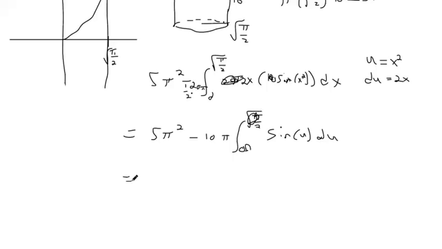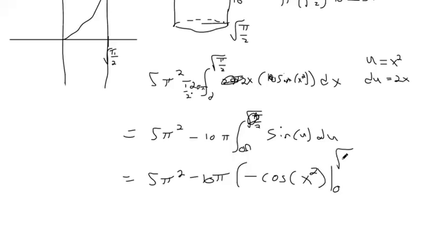We'll put those back in at the end. The antiderivative of sine is negative cosine because the derivative of cosine is negative sine. So negative would make a positive and bring us back to where we want to be. But instead of putting u in here, I'm going to replace it, get us back in terms of x. We just used u to help us evaluate the antiderivative.